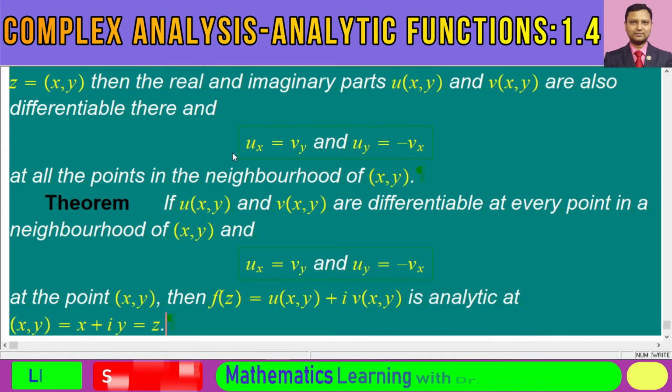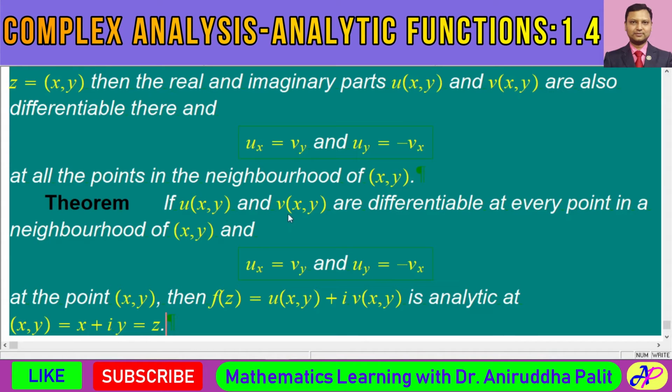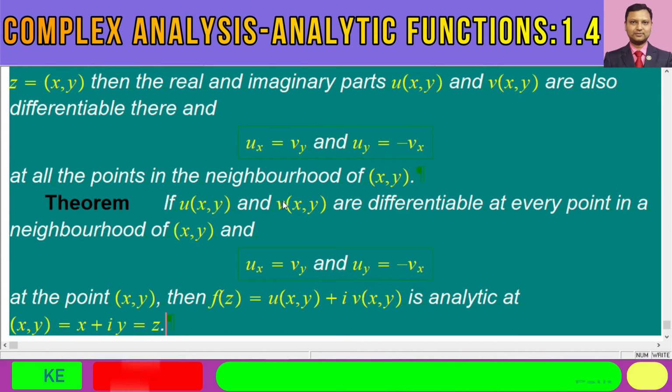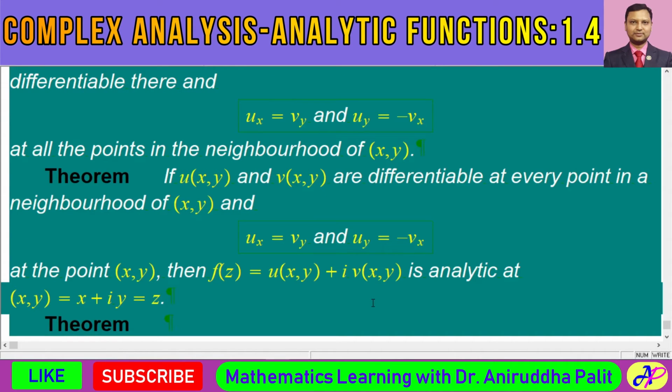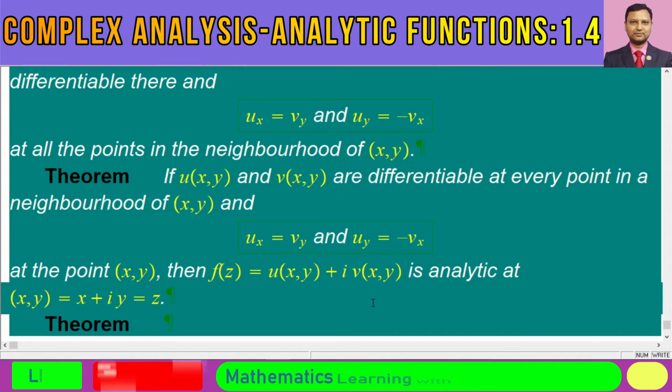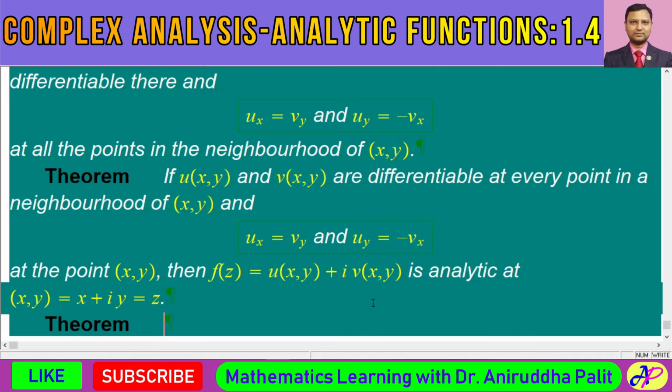Now today I am just going to discuss few results regarding the analyticity, or regarding the analytic function. It is very interesting to observe that there is a theorem. I am just writing the statement of this theorem because proof of the theorem is not possible at this level.